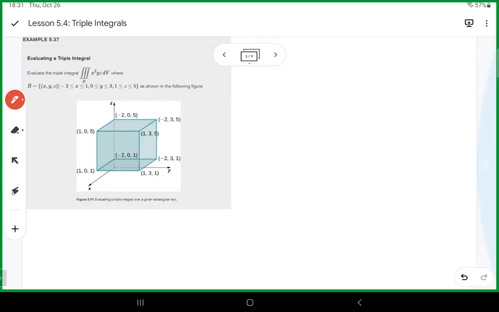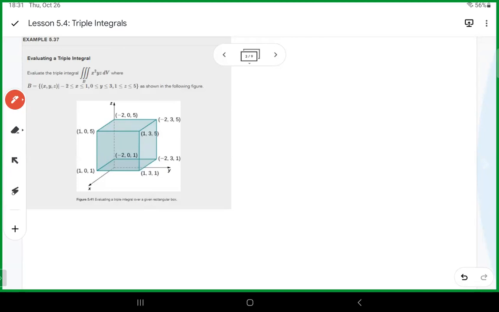So you could choose to integrate y first, then x, then z, or you could do x, then y, then z. And again, you're going to end up having the same answer. We'll try really hard to get both onto this slide. If it doesn't work, we might have to go to the next one.